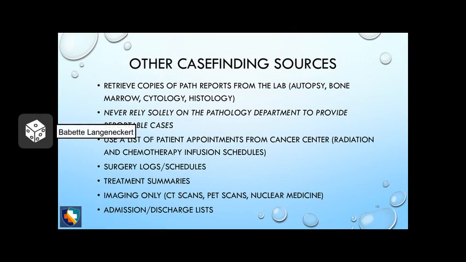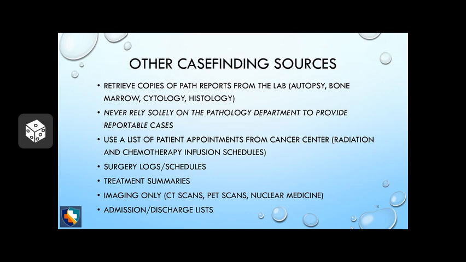Other case finding sources. Retrieve copies of path reports from the lab, such as autopsy, bone marrow, cytology reports, and histology reports. Never rely solely on the pathology department to provide reportable cases. Use a list of patient appointments from the cancer center, such as radiation and chemotherapy infusion schedules.